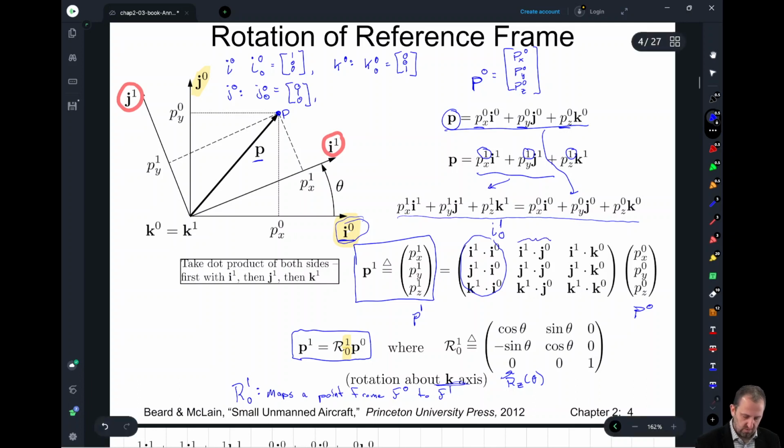This column will give us J naught in frame 1, and this column will give us K naught in frame 1. So let's dive into that a little bit more, as well as this representation of our coordinate system.